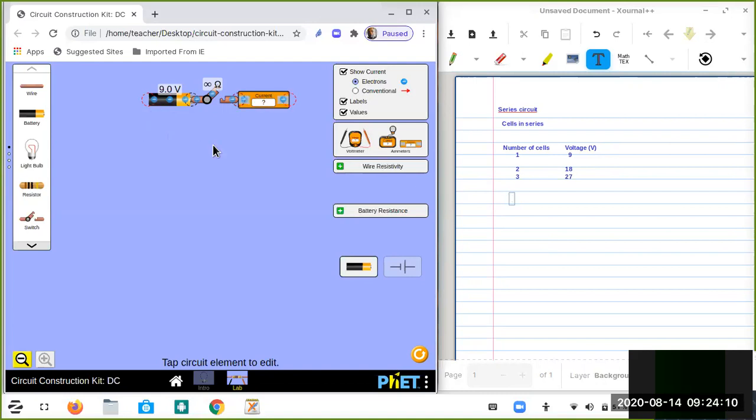Right, I'm going to have ammeters at different positions. We just want to see what happens to current flowing through the circuit.